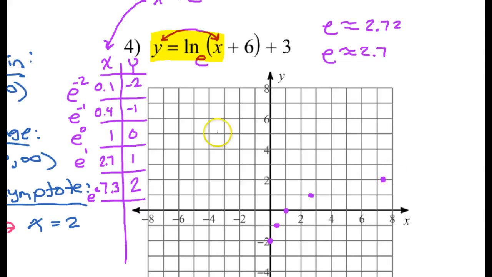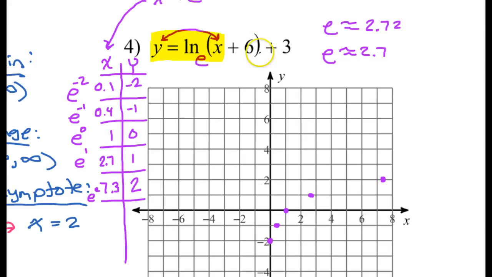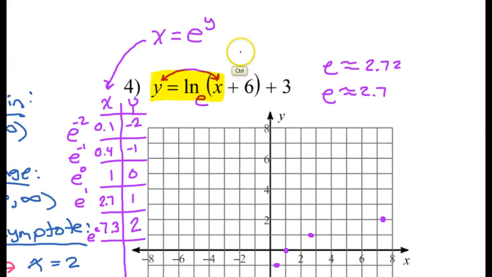Okay. Do not connect these dots because that is not the final answer. For the final answer, we need to move all of these points left 6, okay, because of this, and up 3 because of this. So left 6 and up 3.